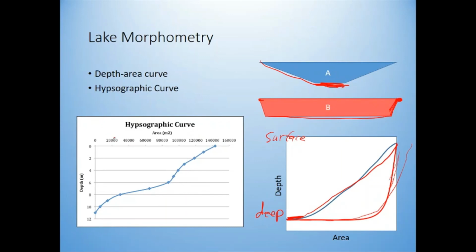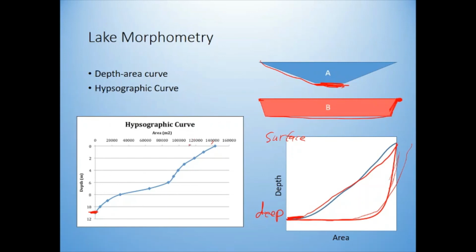What can we pull from this information or from this graph? What we can see is that the lake itself is about, let's say, 142,000 meters squared. Okay. What's its maximum depth? Maximum depth is over at 11.